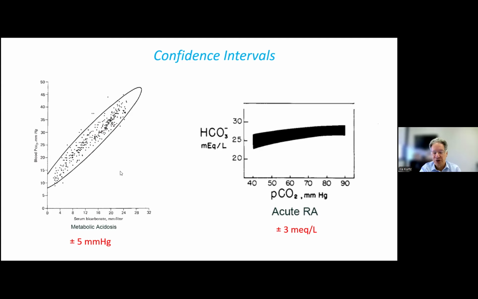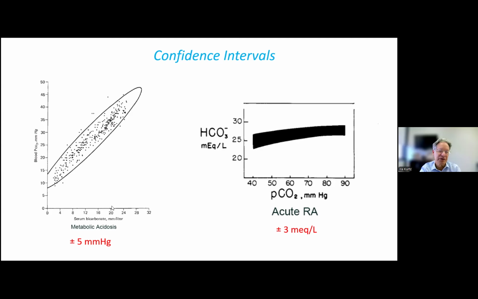But there's a scatter around it, and some people even go so far as to say that the PCO2 could be plus or minus 5 for any bicarbonate. I think that's a very large range and would make it almost impossible to diagnose a mixed disorder.